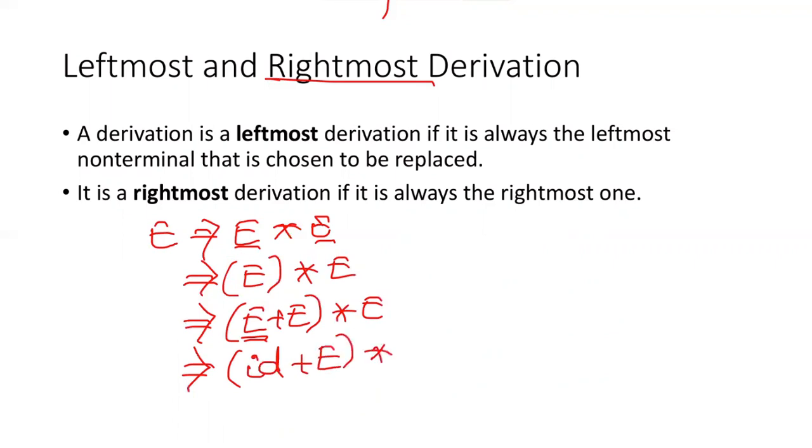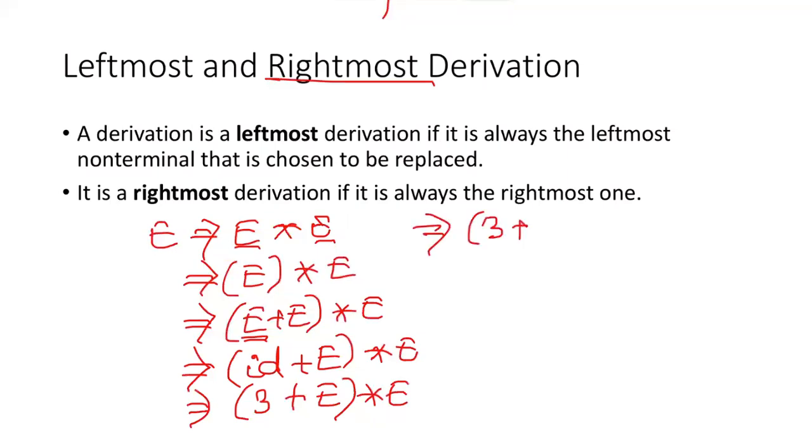E into E. Then ID I will replace by 3 if I'm correct. Okay. Then next I will replace this E by ID. Okay, so 3 plus now ID, I think it is a 4 here.